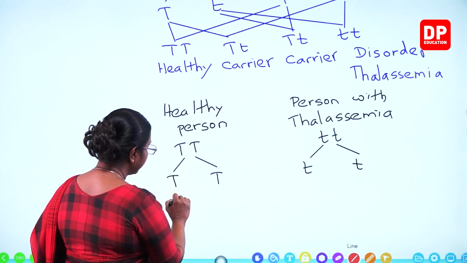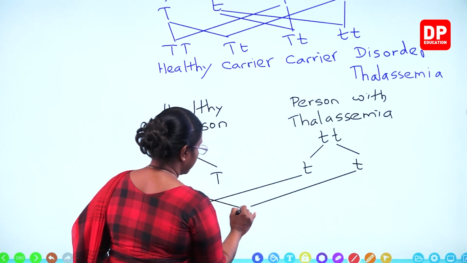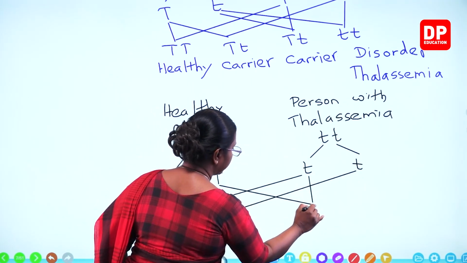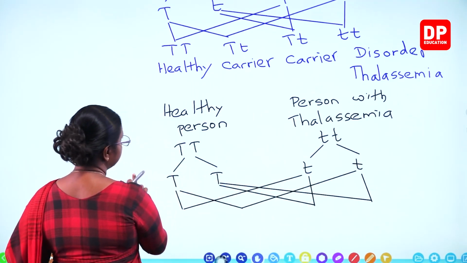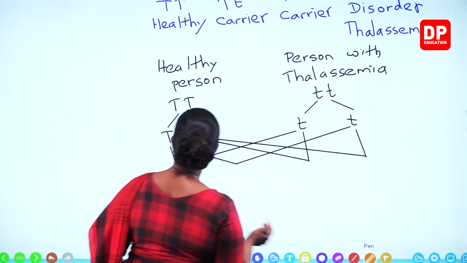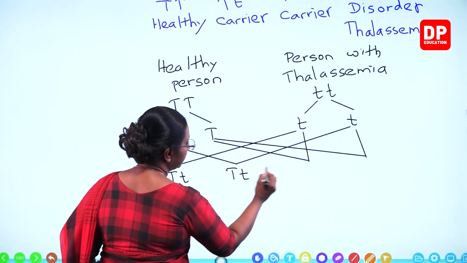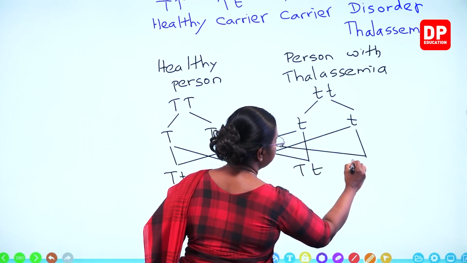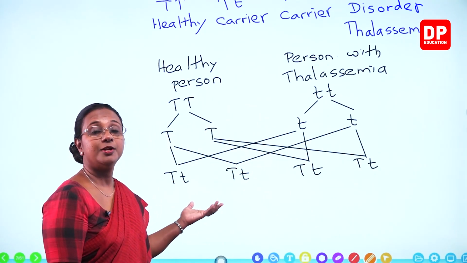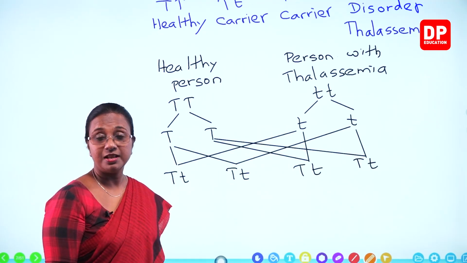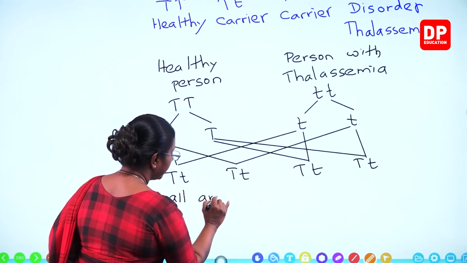Now when the gametes combine, what is going to happen? Now you can see capital T simple t, capital T simple t, capital T simple t, capital T simple t. What happens? Like the normal Mendelian ratio, all are carriers.